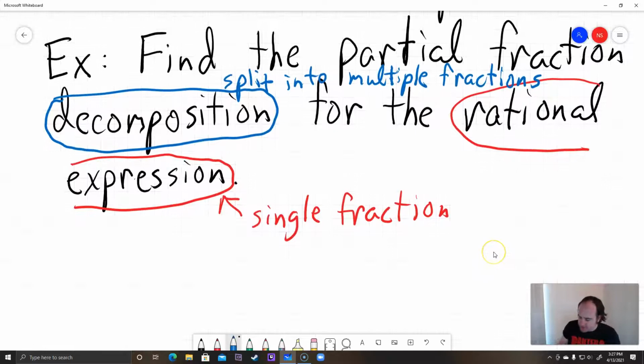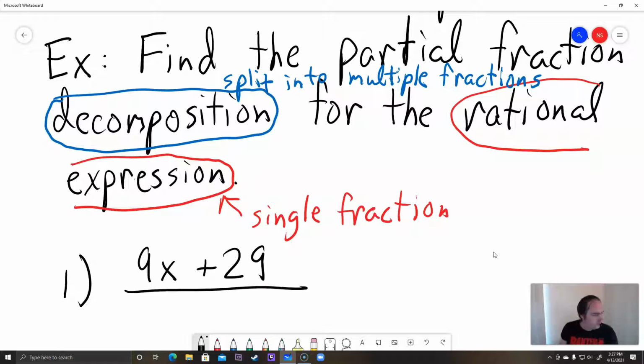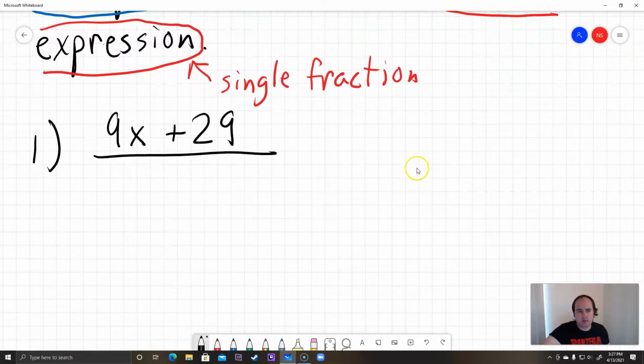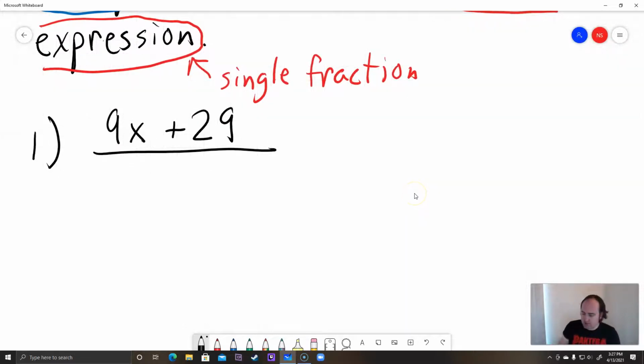For our first example, example number 1, we're starting with the fraction 9x plus 29 all over x plus 3 times x plus 4.